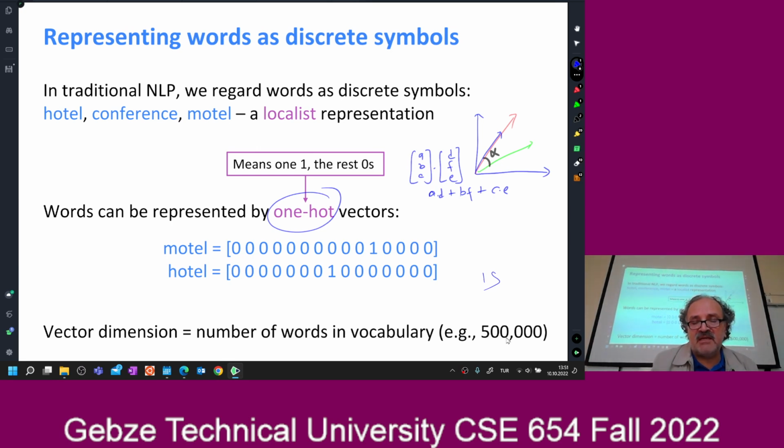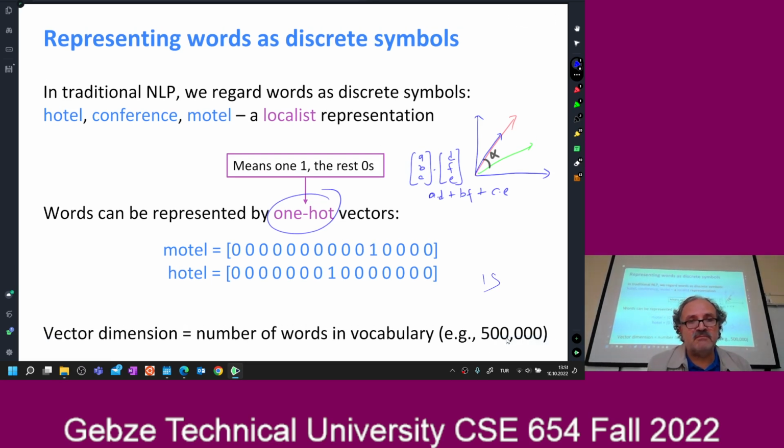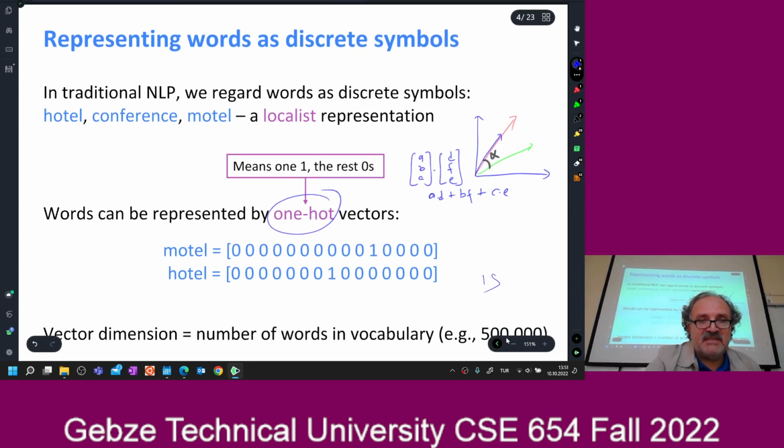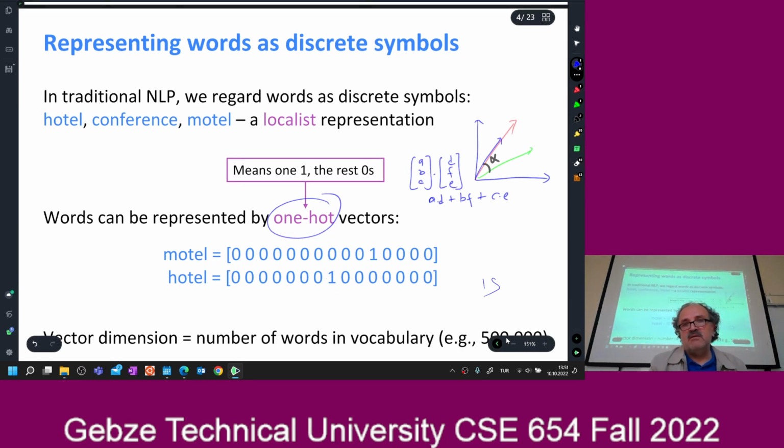It's a binary vector, okay? Its size is 500,000, it's very large. Only one of the elements is 1, the rest of them are 0, okay? To represent a motel, you make this 1. To represent a hotel, you make this 1. So it is as simple as this.